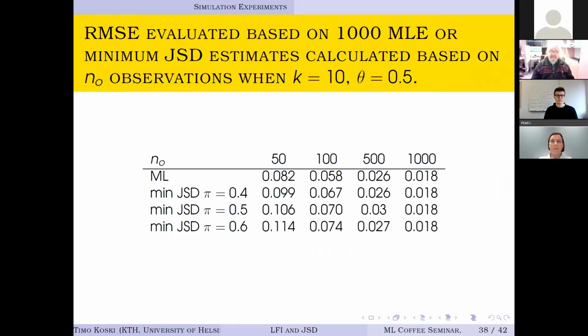We have also calculated the root mean square error of this based on these 1,000 sets of samples for these cases, and you see that initially for small values maximum likelihood estimates have much smaller root mean square error, but then when it increases they all converge to the same thing with the accuracy of 3 decimals. So this actually verifies our theorem by simulations, and also provides a kind of proof of validity of the method of Boltz, right?